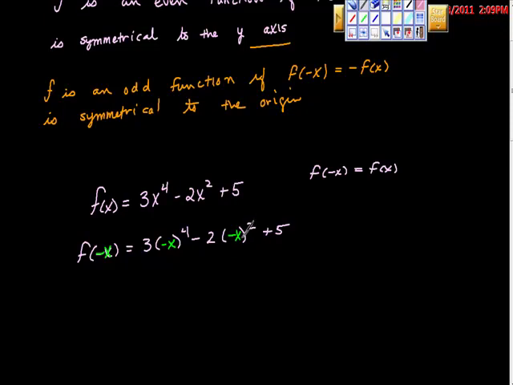Negative x to the fourth is just x to the fourth, isn't it? So we get 3x to the fourth minus, right? Negative x squared is just x squared, and negative 2 times x squared is negative 2x squared, isn't it? Plus 5 is equal to f of x.